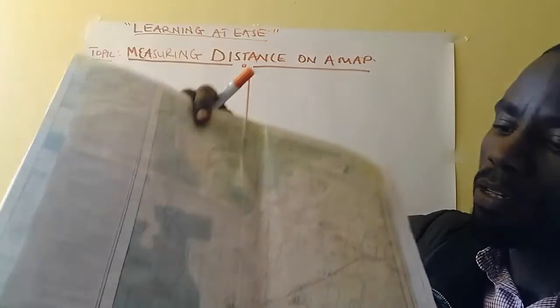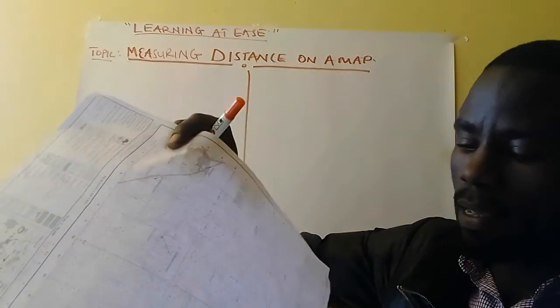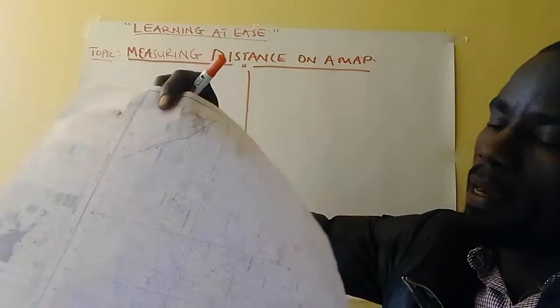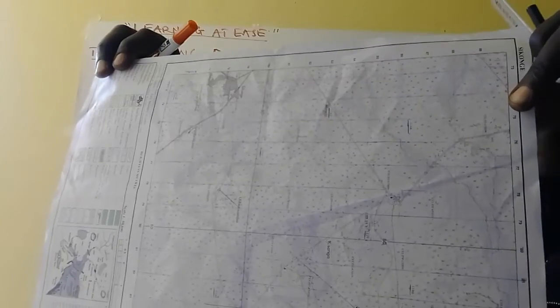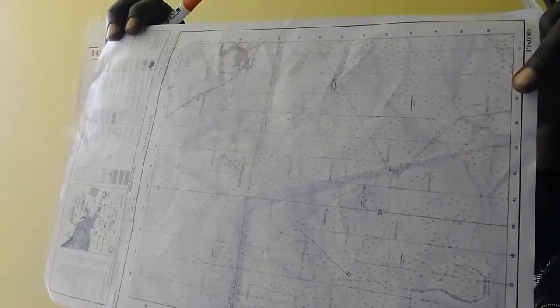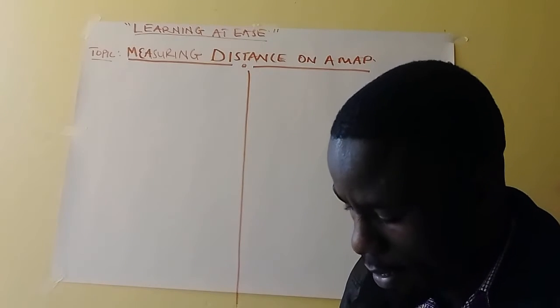So it is a map that displays both horizontal distance and the vertical distance. This is the topographical map. So all the work we are doing on map is basically coming from this map. Whenever I talk of a map, that is the map I'm talking about.